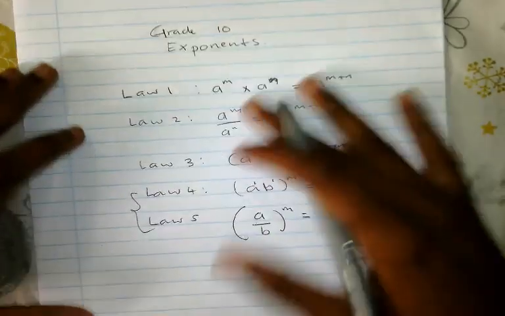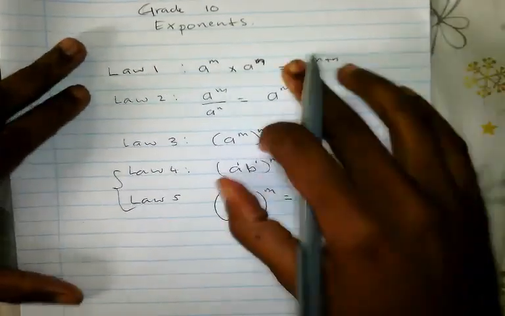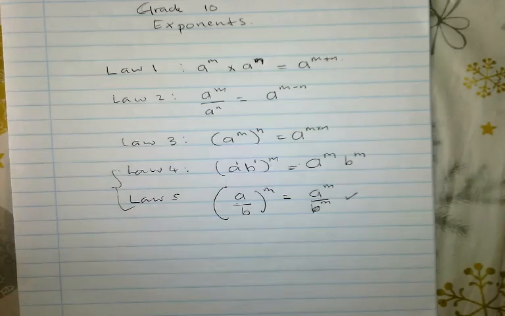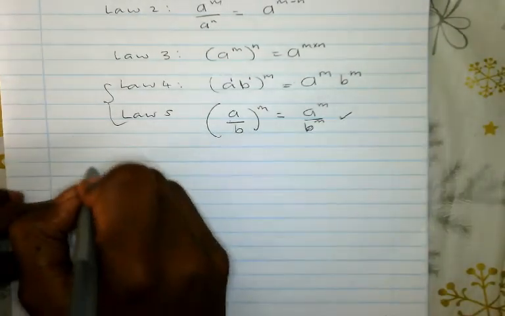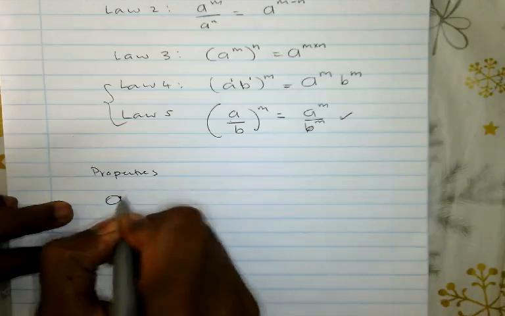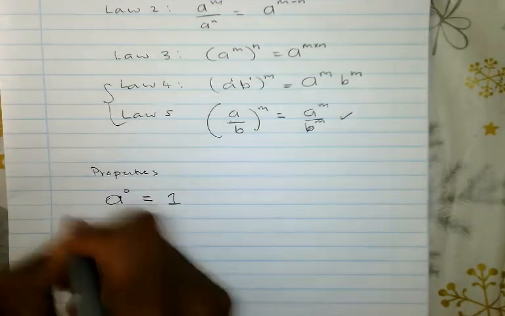If I say law 1, law 2, I'll be talking about these laws that you need to answer any question on exponents. Very important part of exponents. And then we've got two properties that I really love emphasizing. Property number 1: anything raised to the power of 0 becomes 1.